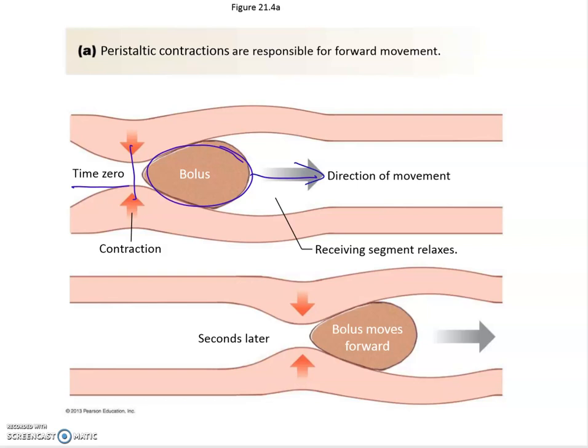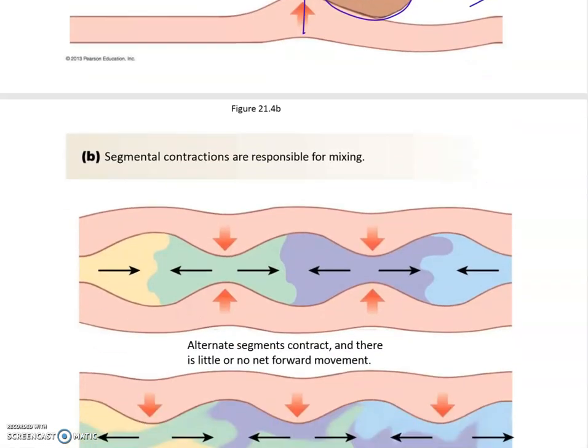And then as the bolus has moved forward, now it's here, and now we're contracting this area and moving it even farther. So that would be an example of peristaltic contraction. It moves this bolus of food forward. By the way, bolus is a fancy term, I guess, for a chunk of food, and that's what it's called once your food has entered the stomach and is being processed further.